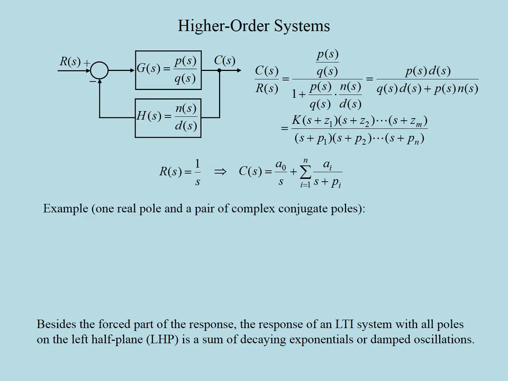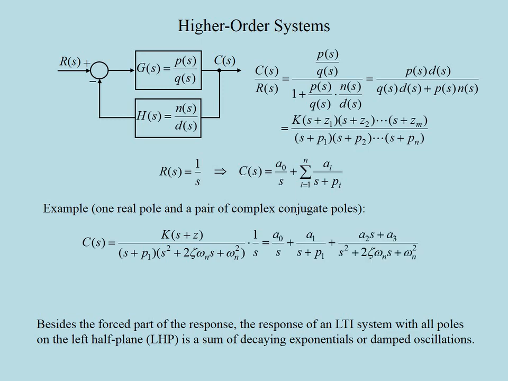For example, if the closed-loop transfer function has one real pole and a pair of complex conjugate poles with a real zero, the unit step response can be written as the sum of three terms. The first term, which is a step function, represents the forced response.